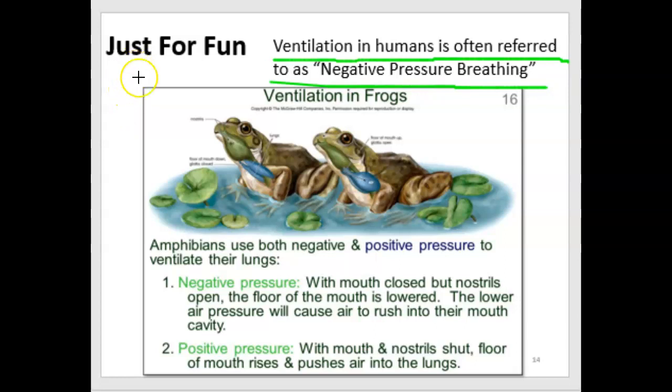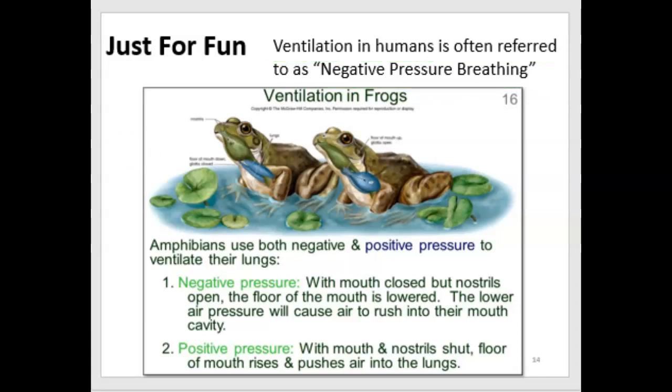Negative pressure, meaning pressure below atmosphere, allows us basically to suck in air effortlessly, right? The muscles contract, but the air is drawn in. It's sucked in because a negative pressure is created inside the lungs.